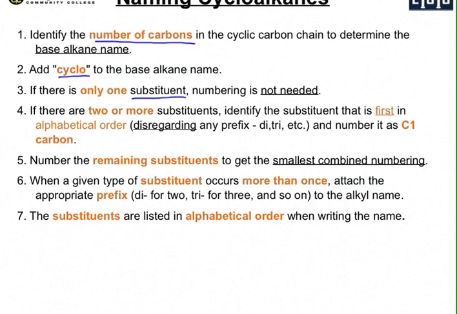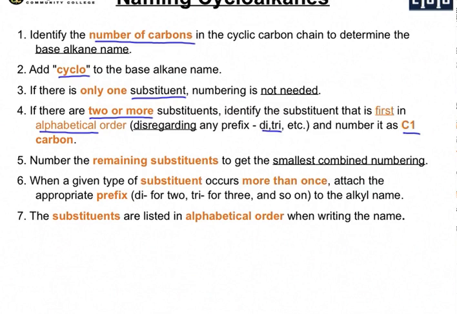Rule 4 is what happens if you have 2 or more substituents, and that's where it gets tricky. When you have 2 or more substituents, look at the name of those substituents, and the substituent which is first in alphabetical order, disregarding any prefix, a di, tri, tetra, for multiple of that same substituent, you're going to assign carbon 1 to the carbon that that one is attached to.